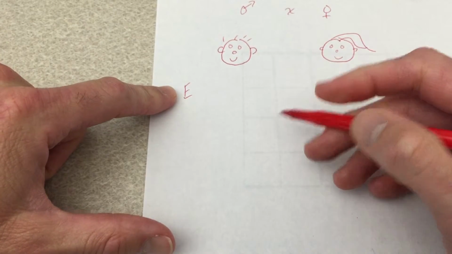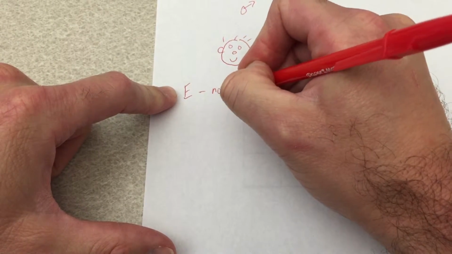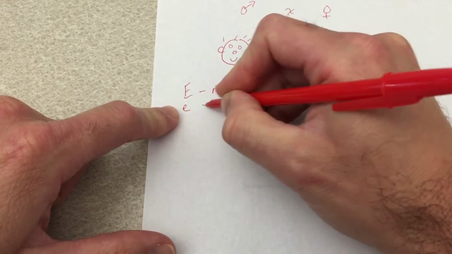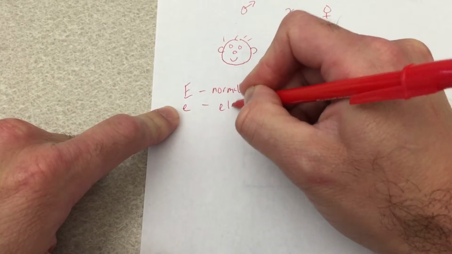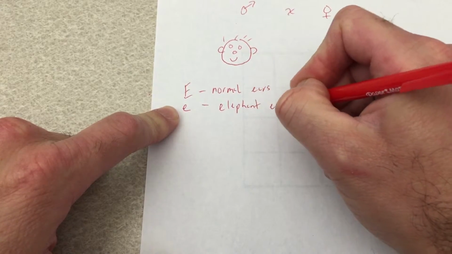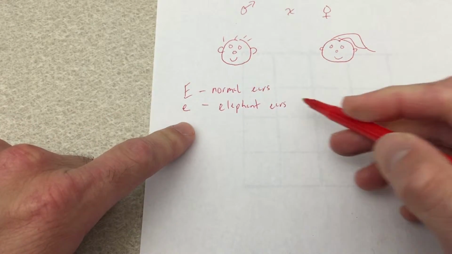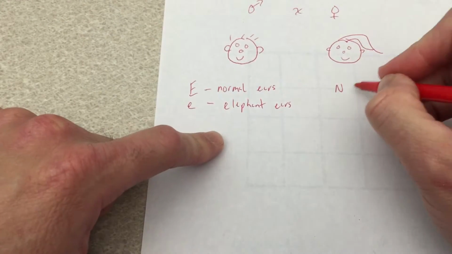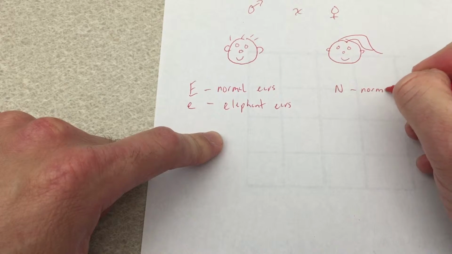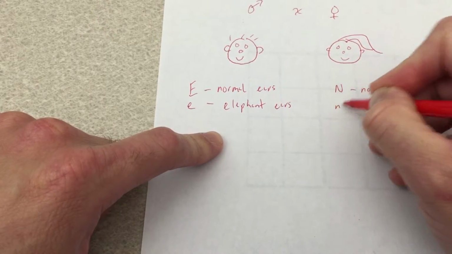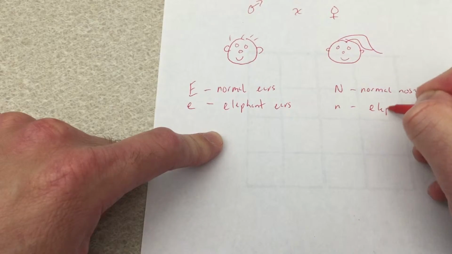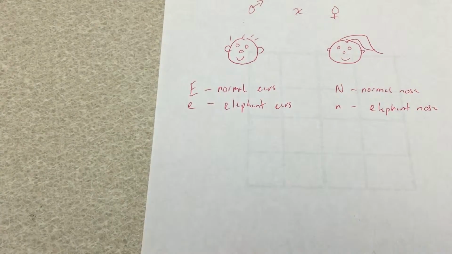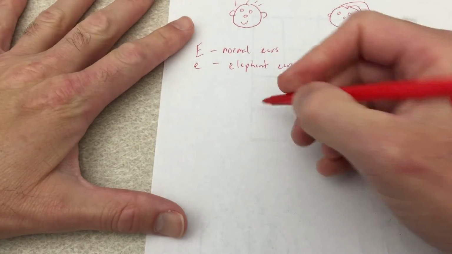The capital E, the dominant E, is for normal ears. The recessive allele, lowercase e, is for elephant ears. For nose, the allele symbol is capital N for normal nose, and the lowercase n is for elephant nose.